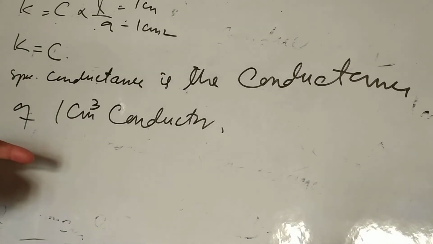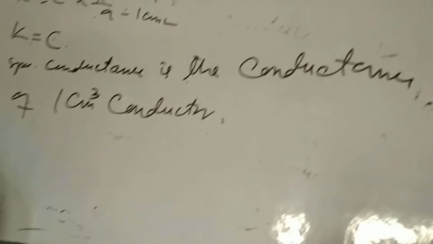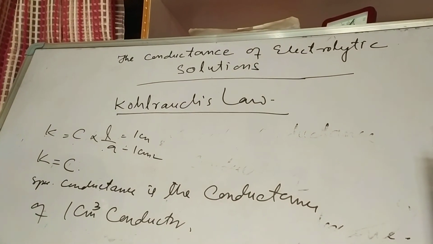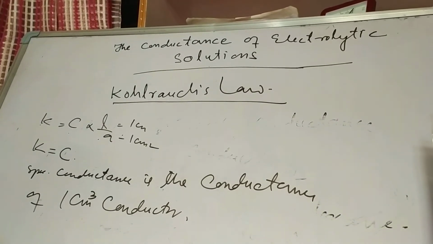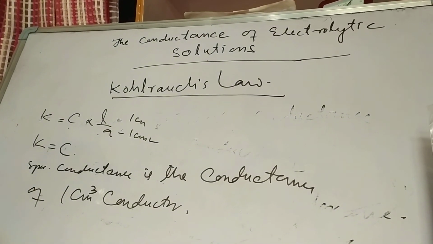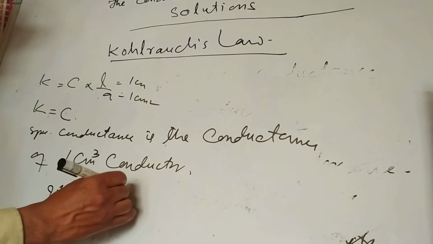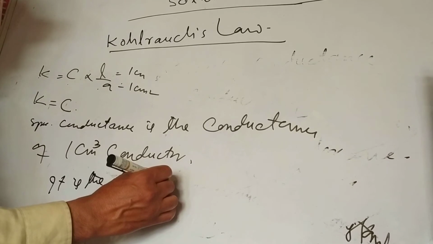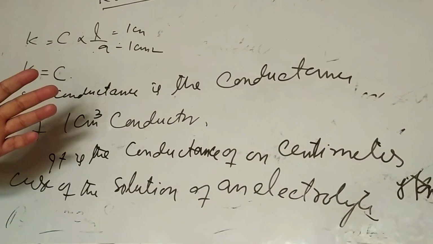In case of an electrolytic solution, it is the conductance of an electrolyte enclosed in a cell whose electrodes are of unit area of cross section and are separated by 1 centimeter, that is, the conductance of 1 cubic centimeter. That means it is length, breadth and height.